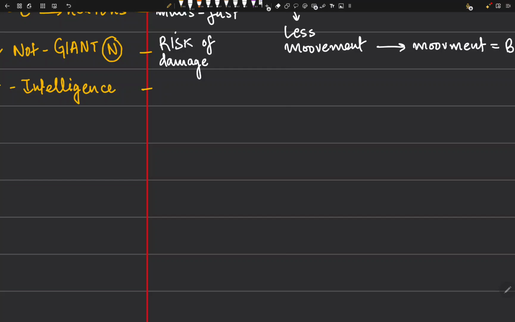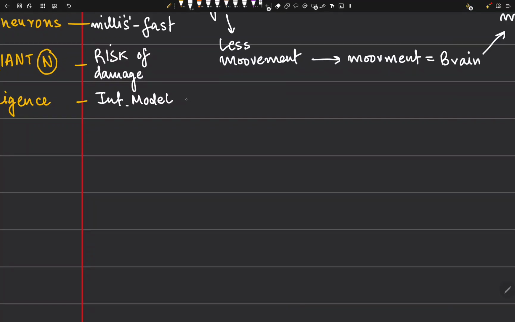So intelligence is that you have that internal model of reality, and then you use that model to predict that, hey, I think I need to catch that ball, right? Or hey, I need to run, right? Because there might be a tiger. So that's called intelligence. Not just thinking.